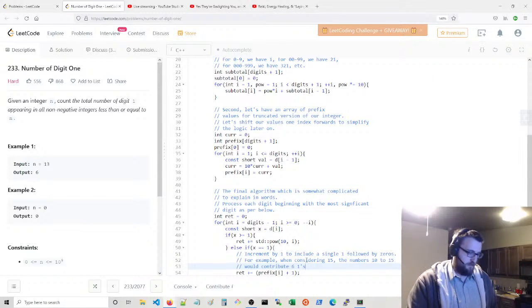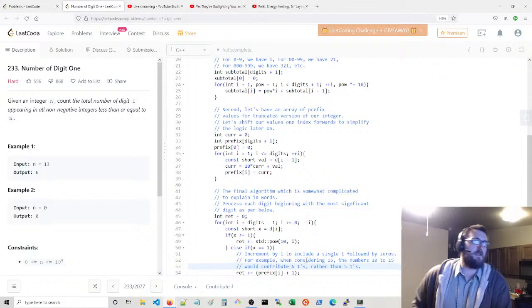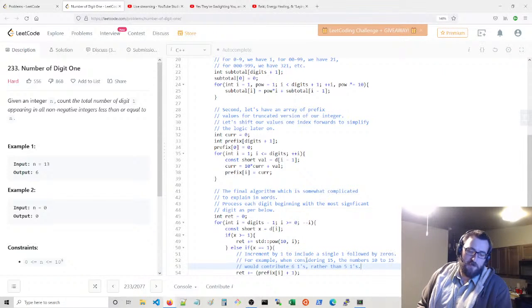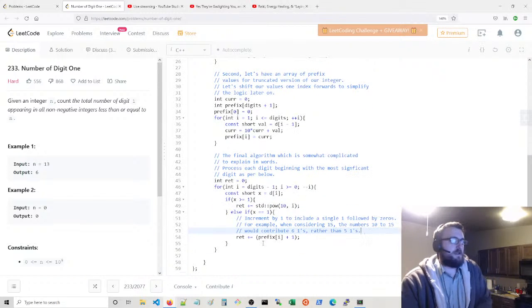Rather than 5 ones. So yeah, prefix would only be up to 5. And so if you had like 196, for instance, you'd have 96 numbers from 1 to 96 plus the 100 itself. Yeah, so that's why you have this extra part.